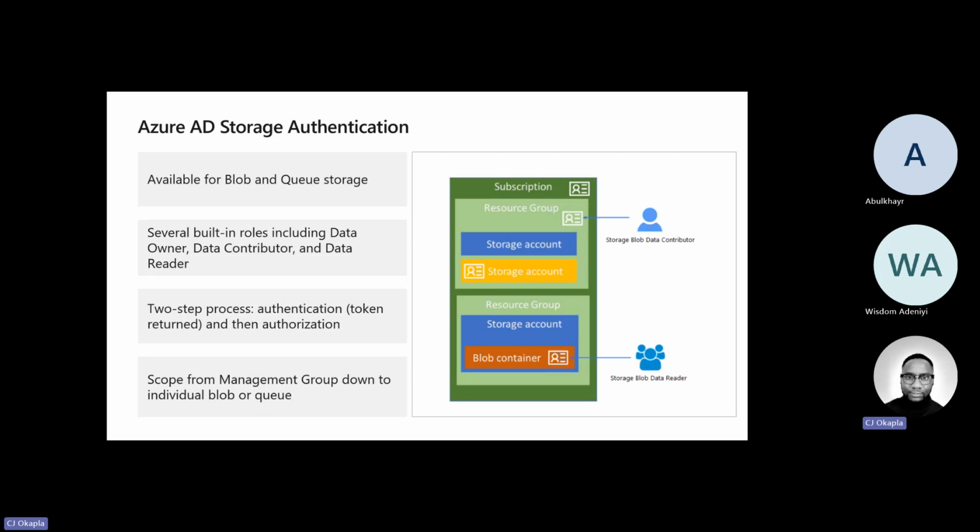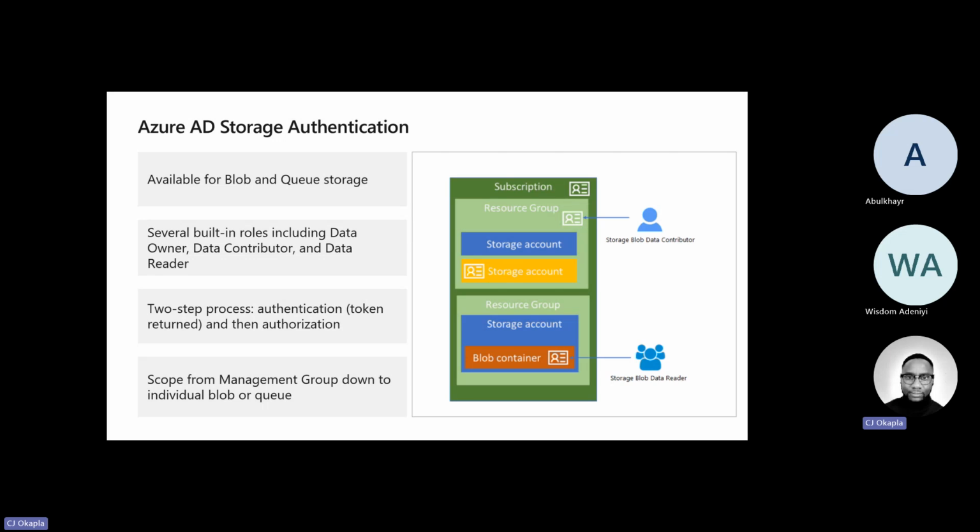So they are kind of the three basic RBAC levels: reader rights, contributor rights, and owner rights. And it is a two-step process, so authentication and then authorization. And this is scoped down from the management group level down to the resource level itself.